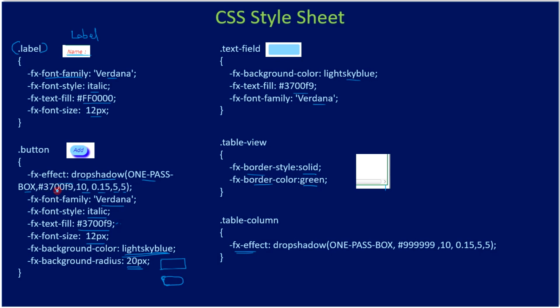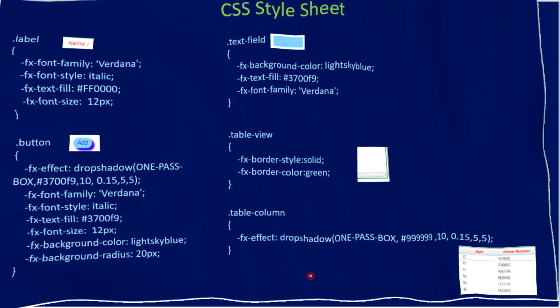The color here is different, and here if you see 999, that means kind of gray we are specifying for all the text. And if you see for what element we are applying, that table column. For all table columns, these are all the columns, right? For all the columns we are asking to perform a shadow.